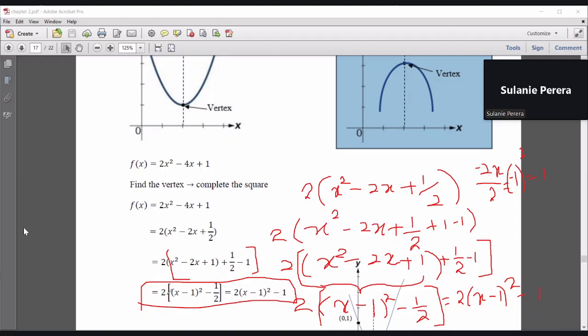So now what did I do? If they give you the function, I had to complete the square and write it in this way. So I have 2x minus 1 all squared minus 1. Now how do we find the vertex?